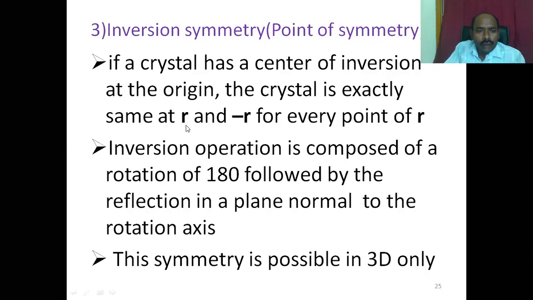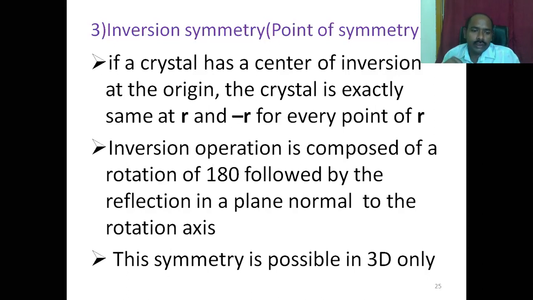If you are given x, y, z coordinates, then minus x, minus y, minus z is the inversion of that point, wherever the inversion symmetry exists.